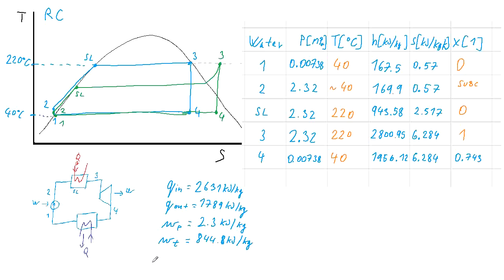So from this we can obtain the efficiency of the cycle, which is, well, we have multiple options how to get it, but let's say work of the turbine minus work of the pump divided by heat input, and we get 32%.